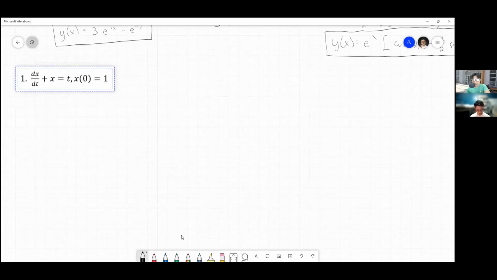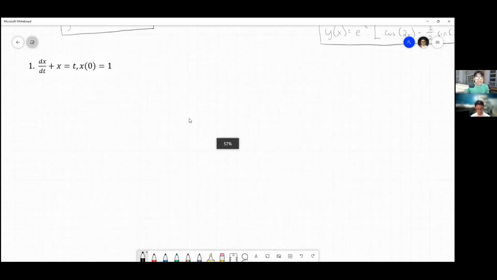So bakit ginagamit yung Laplace transform instead of yung mga other methods na na-discuss natin?